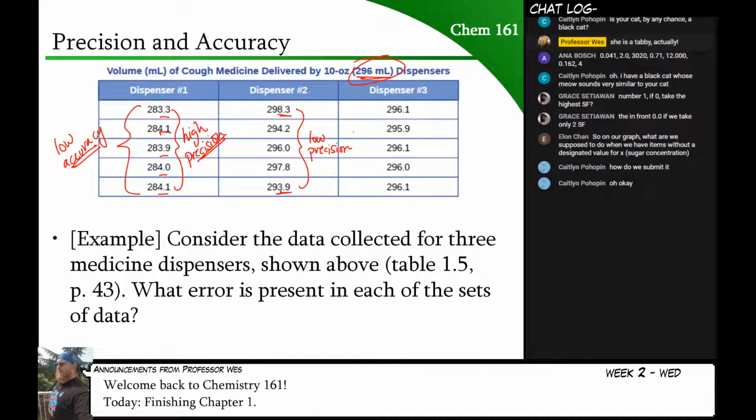And then I'm going to divide by 5, and the average that I got was 296.04, which I really only get to keep this number because I'm doing addition here. But you'll notice that the average is exactly where it needs to be. So this has high accuracy because it was very close to the true expected value.